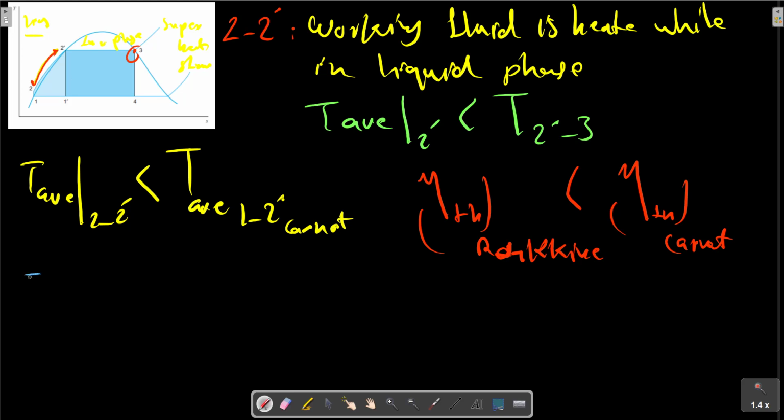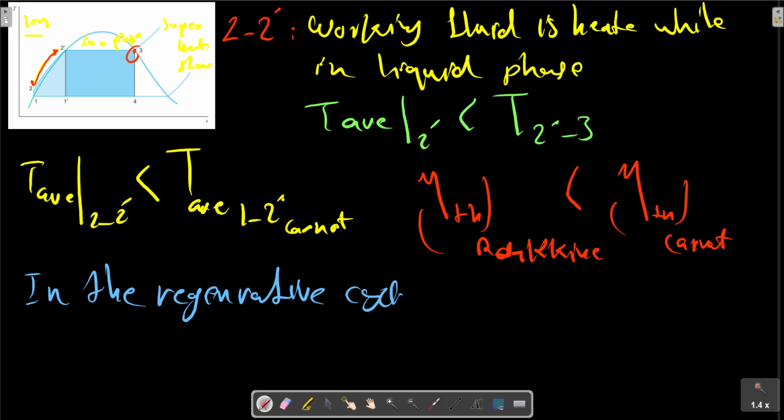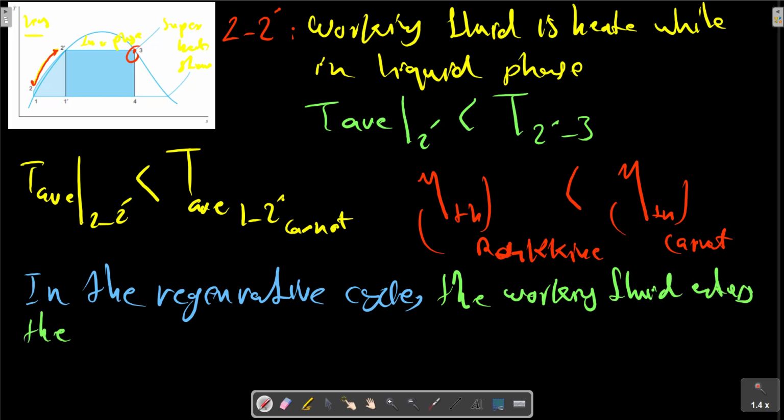In the regenerative cycle, the working fluid enters the boiler to increase T average at the 2 to 2 prime process.